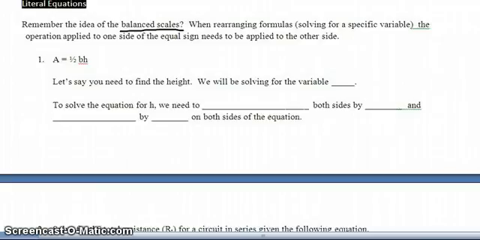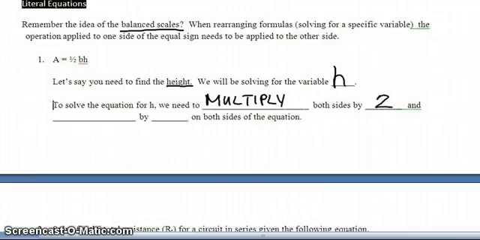So in my first example, I have A equals 1/2 BH, which is the area of a triangle, and we need to find height. So that tells me we're going to solve for h. To begin solving the equation for h, we need to multiply both sides by 2.